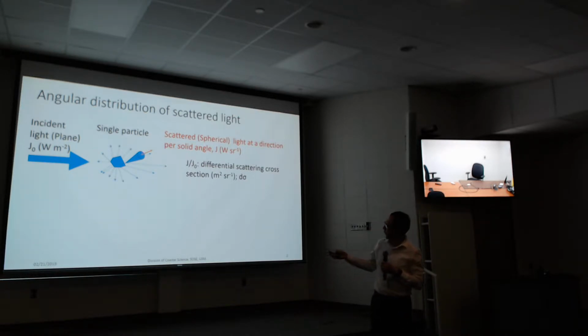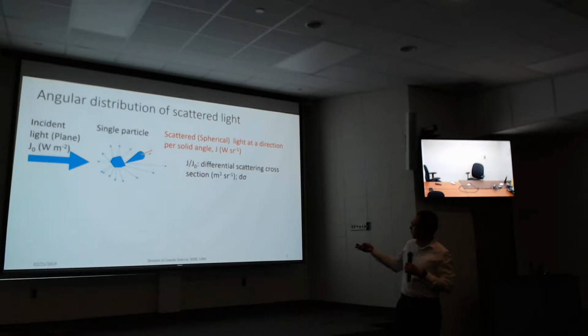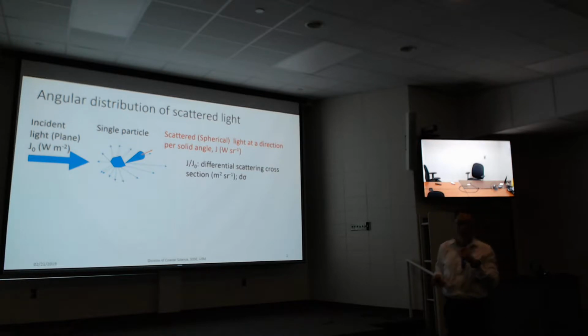If we measure the energy, let's say it's J, and divide by the incident light, which is typically assumed to be parallel light, so it has energy per square meter, we get what is called the differential scattering cross-section. Why is it called a cross-section? Because it has a unit of square meter area. So if we do this, we get the scattering cross-section.